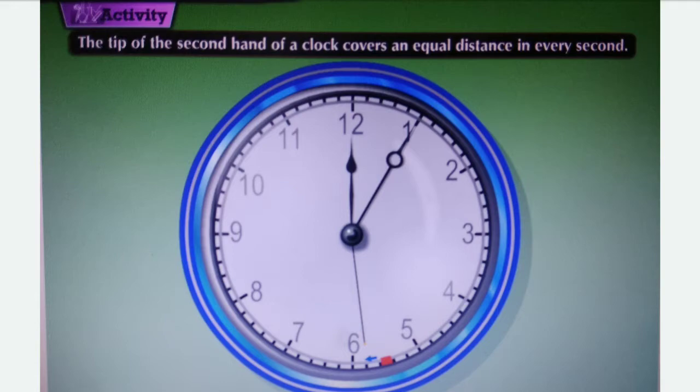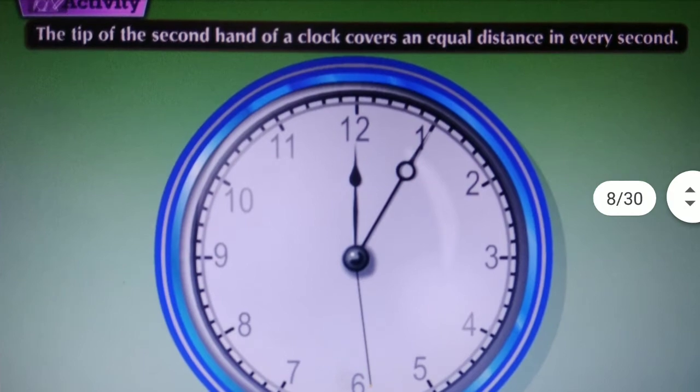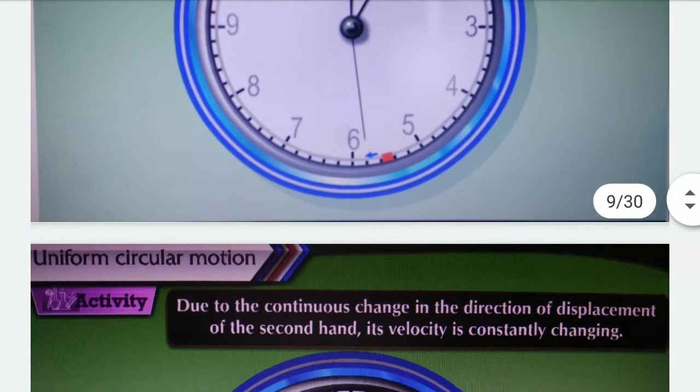The tip of the second hand of a clock covers an equal distance in every second.